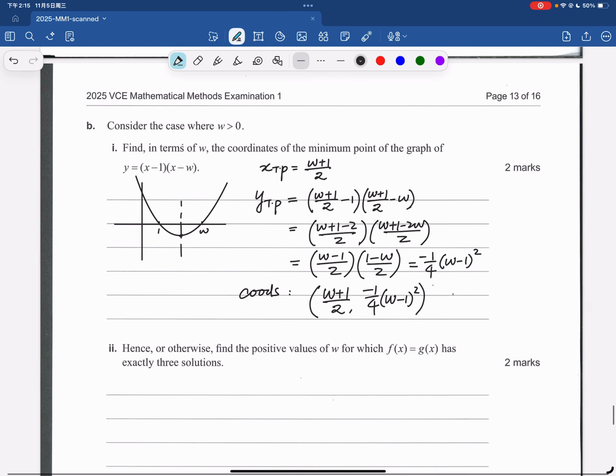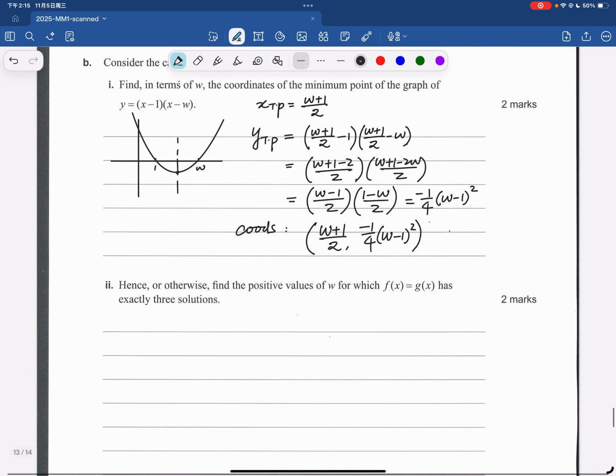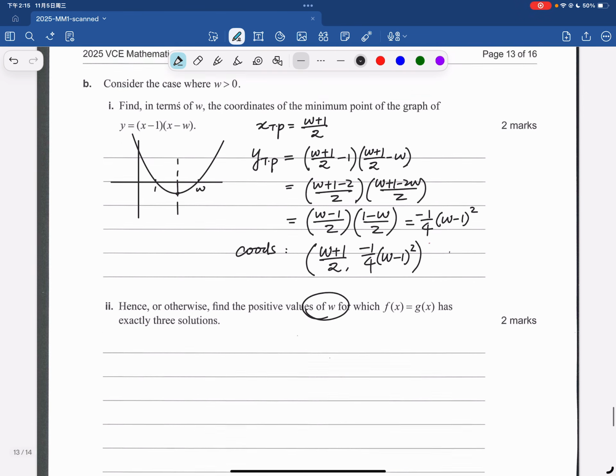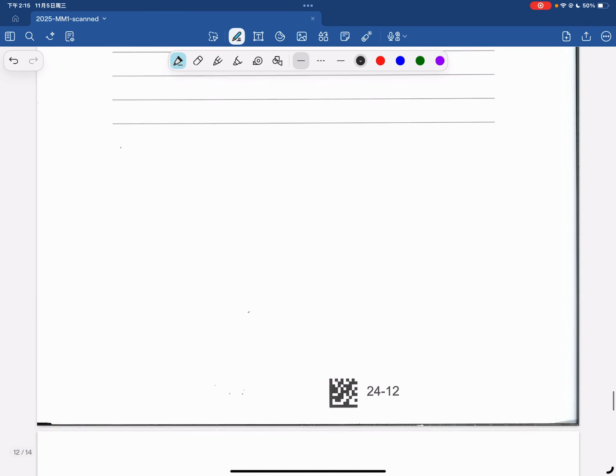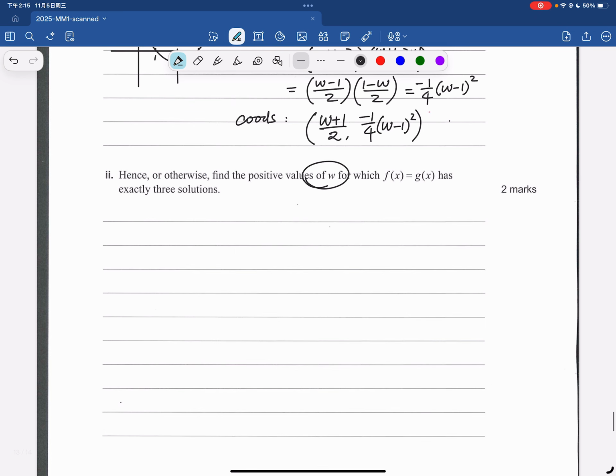Okay, hence or otherwise find the positive values of w for which f of x equals to g of x has exactly 3 solutions. Now, I cannot assume w equals to minus 3, but what I can do is I'll put a w squared here divided by x minus 1 squared equals to x minus w squared.